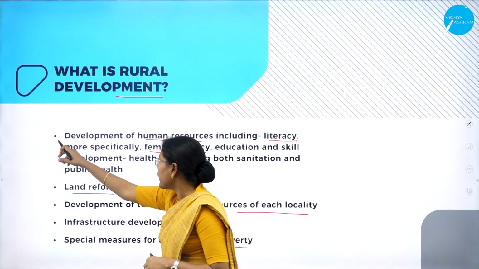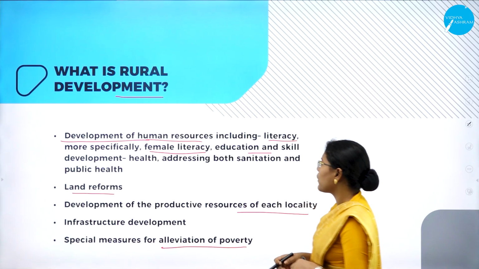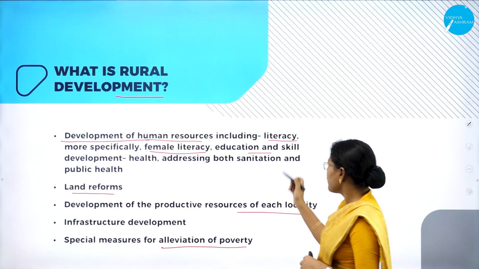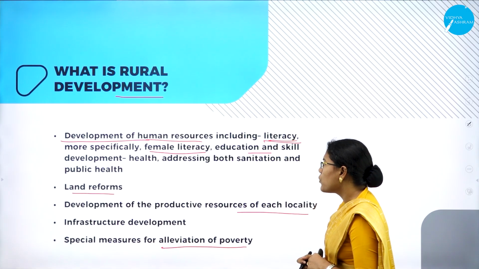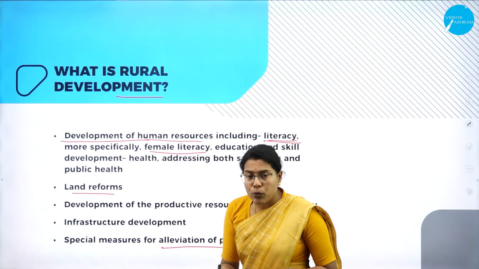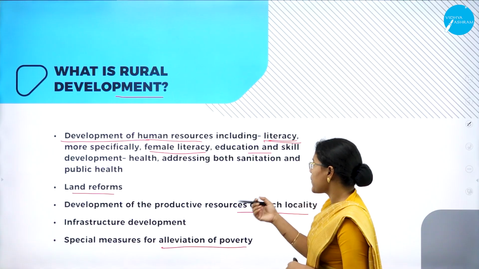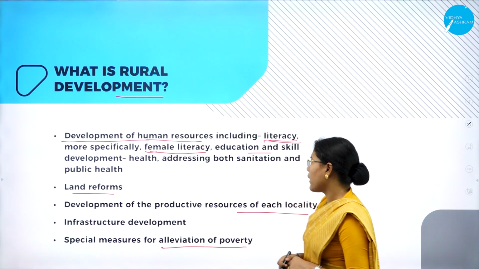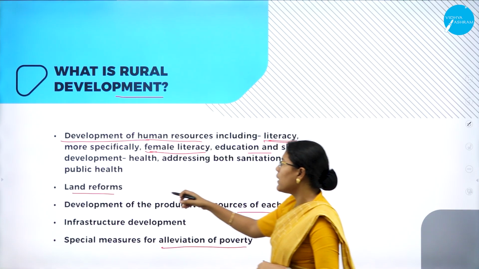First is development of human resources including literacy. Education is most important, particularly in rural areas. So improving the literacy rate, more specifically the female literacy rate, as well as education and skill development.